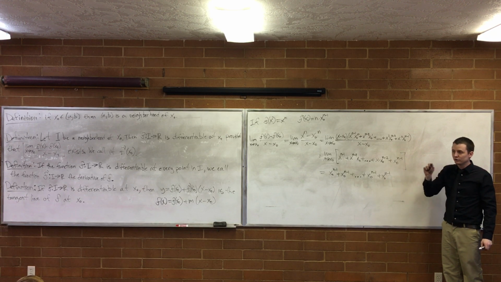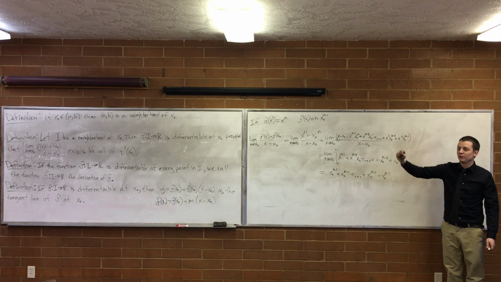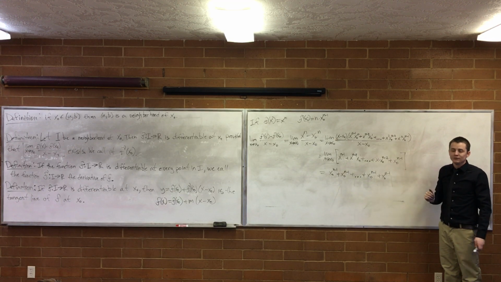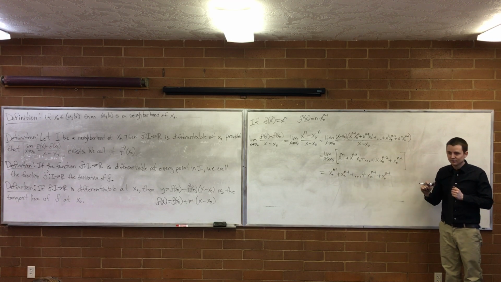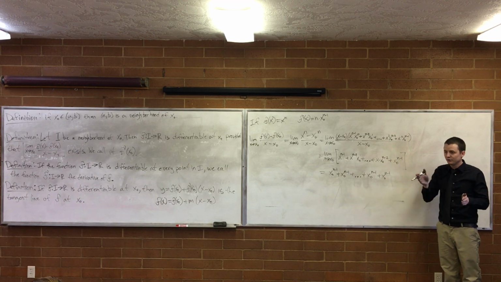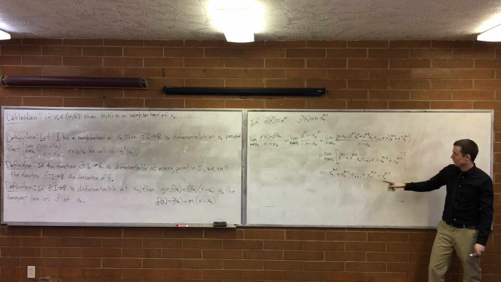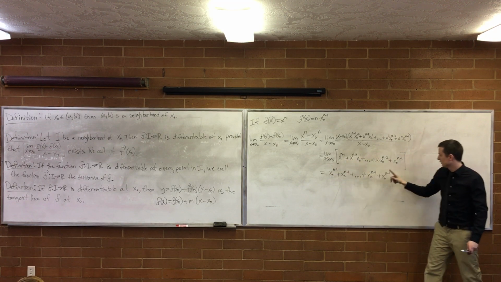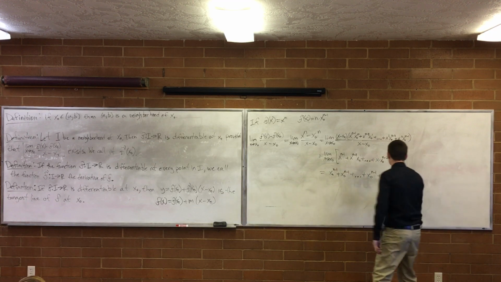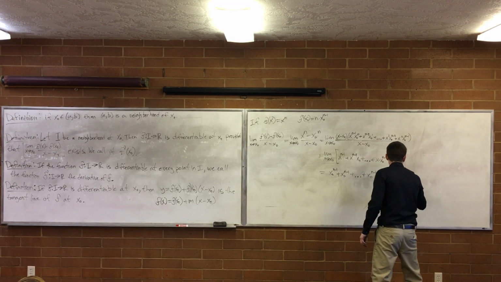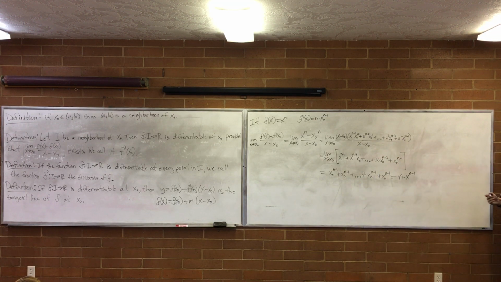So instead of counting 1, 2, 3, 4, 5 all the way to n, we're counting 0, 1, 2, 3, 4, 5 all the way to n minus 1. It's like 0 through 9 counts 10 numbers, and 1 through 10 counts 10. So this one has x naught to the 0, this is x naught to the n minus 1, and everything in between. Does that make sense why this is n times x naught to the n minus 1? Okay, boom, we did it.